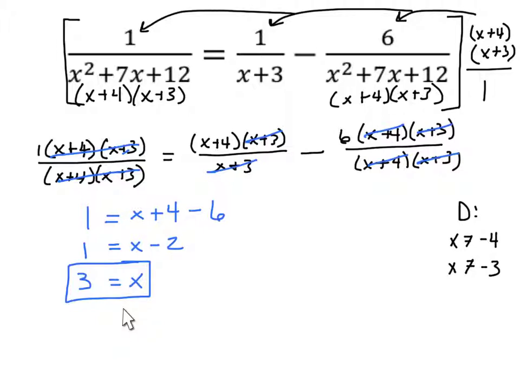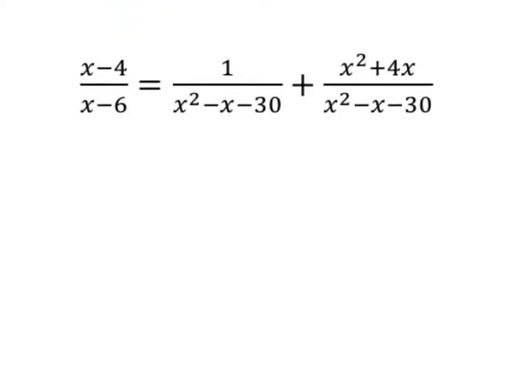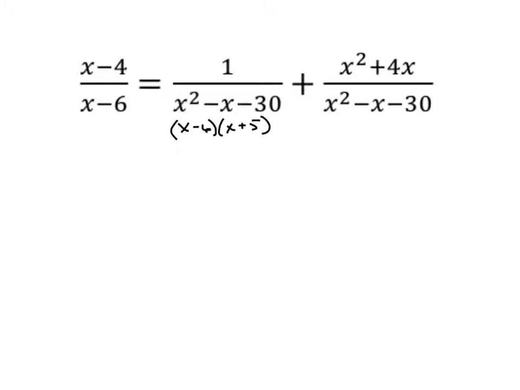All right, let's take a look now at another example here. Again, the first thing I want to do is factor out anything I can in the denominator. So here I can factor, this is factors of negative 30 that add to negative 1, or x minus 6, x plus 5.